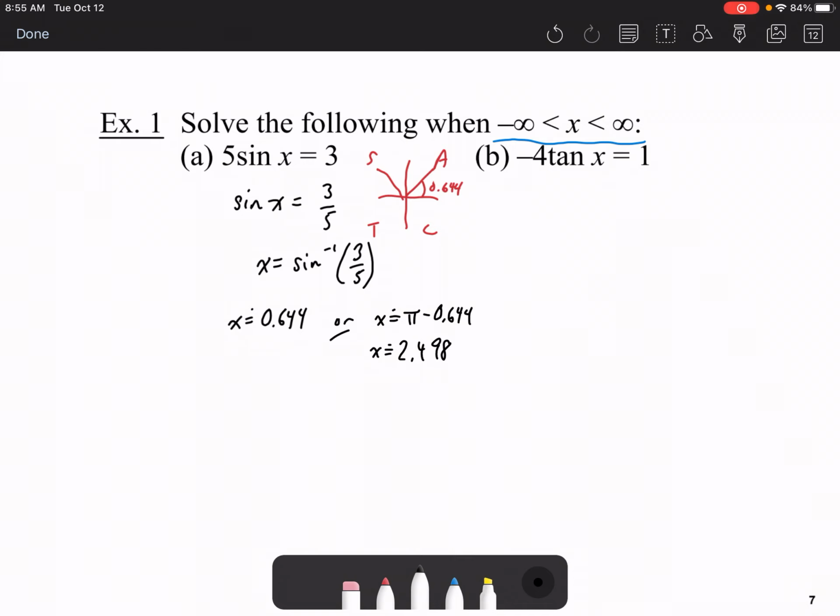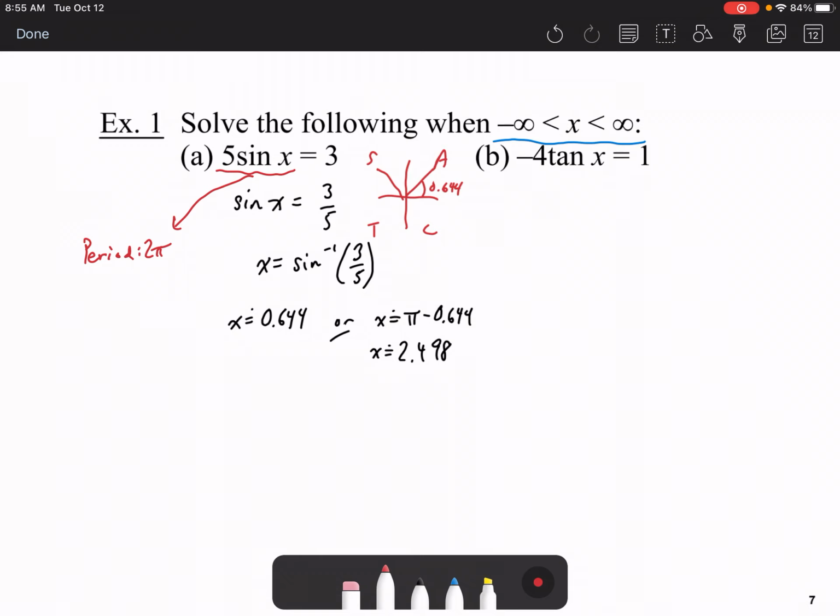These are only 2 solutions within the full 360 degrees, or from 0 to 2 pi. Because sine of x has a period of 2 pi units, the next set of solutions occurs 2 pi units away.